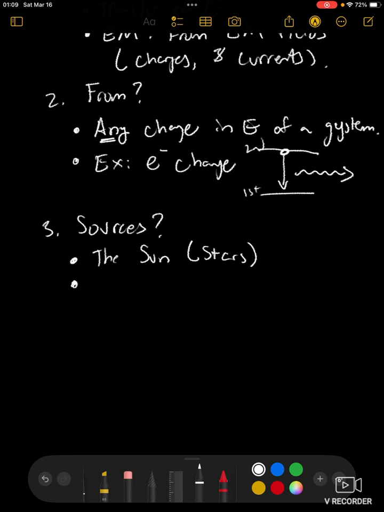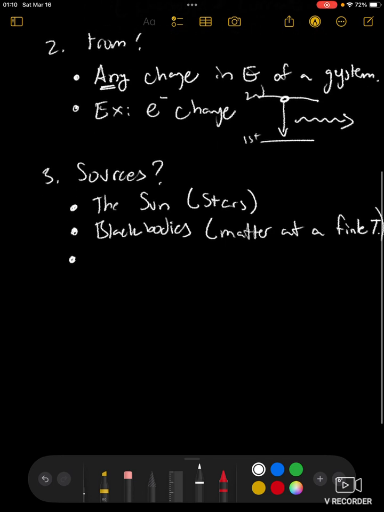The sun specifically gives EM, electromagnetic radiation. Another one would be black bodies. This is something that we're going to be talking a lot about, which is matter at a finite temp. This is a pretty big concept that we're going to delve further into.